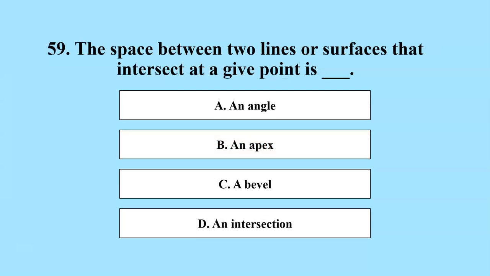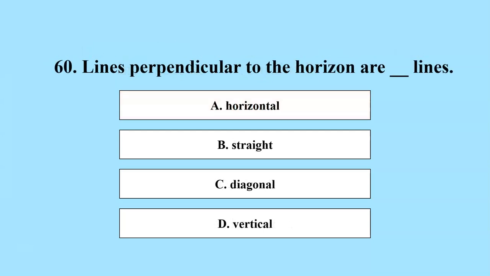The space between two lines or surfaces that intersect at a given point is an angle, an apex, a bevel, an intersection. If you chose A, an angle, you are correct.